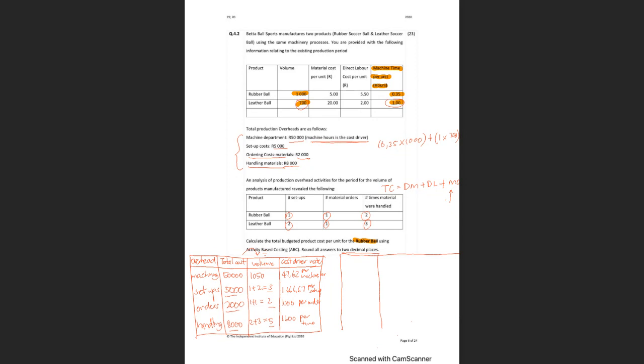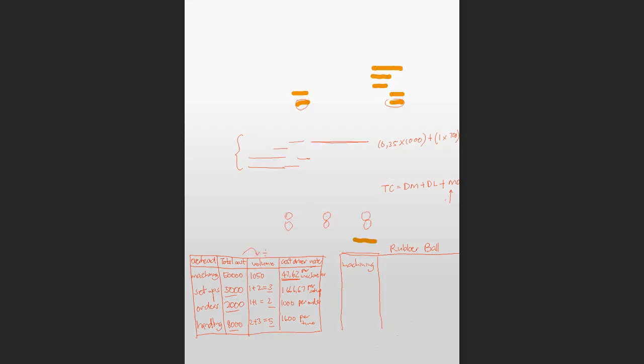The first activity was the machining department. And remember this is just for rubber ball, not for both projects, so we'll write that at the top. To work out the total cost of the machining for rubber ball, it's 47.62 Rand per machine hour.